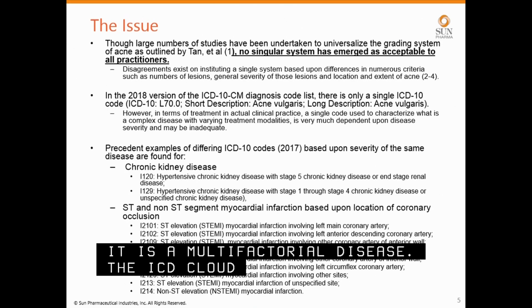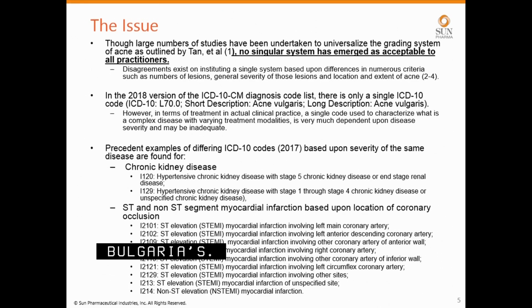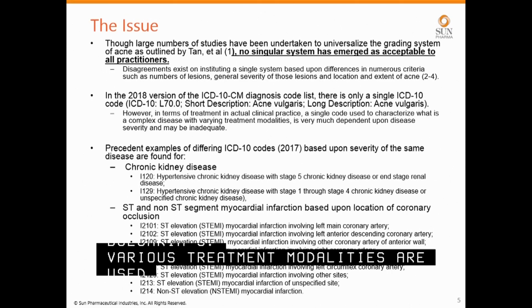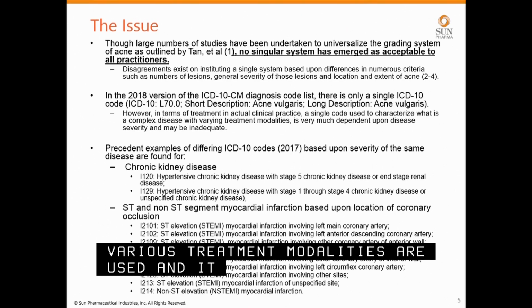Though, as I will show you, in actual clinical practice and in the verbiage used by clinicians, various treatment modalities are used, and in fact, physician gestalt is used to define whether a patient has mild, moderate, severe, or very severe disease. Clearly, as you know, there are multiple examples.